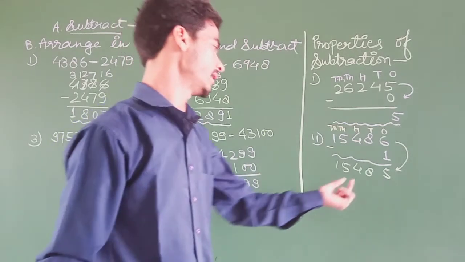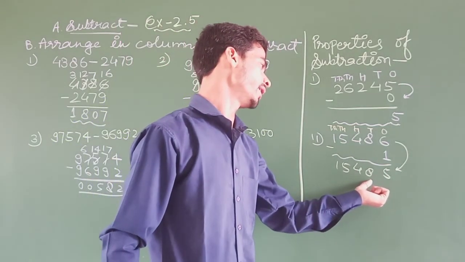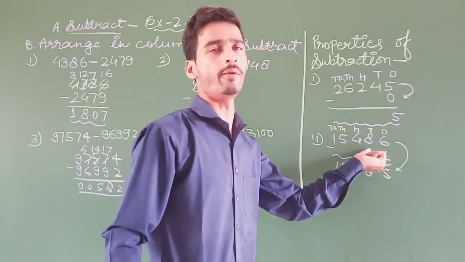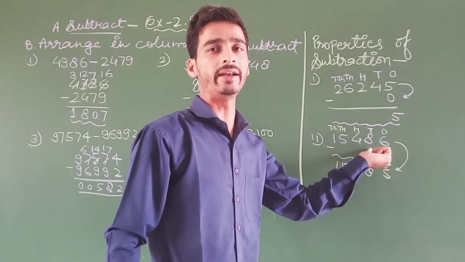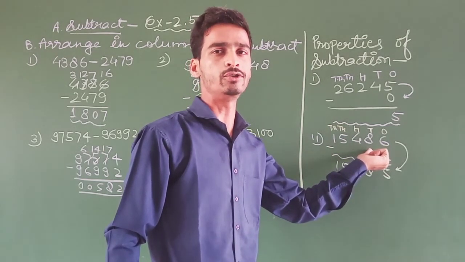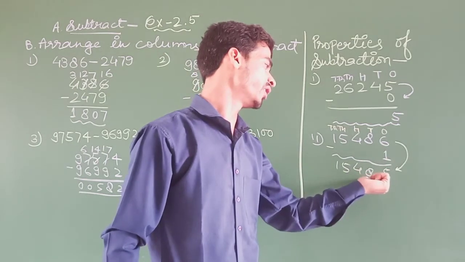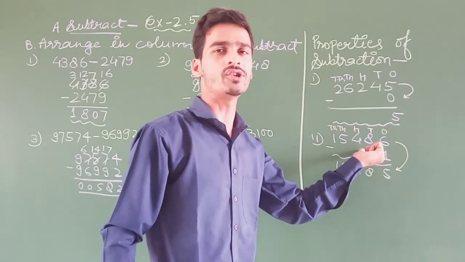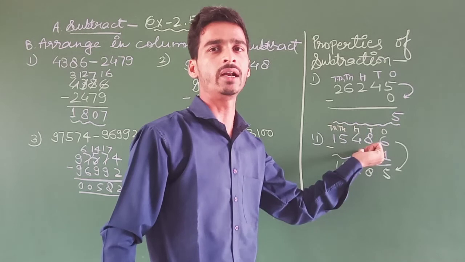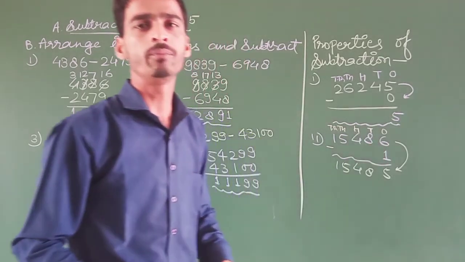You can say that 15,485 comes before 15,486. In other words, 15,485 is the predecessor of 15,486.